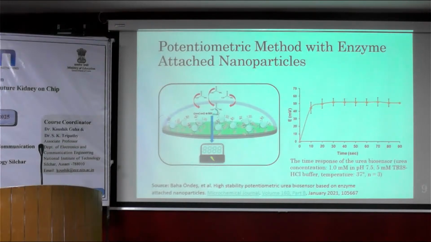So the idea behind the biosensor is that we amplify the hydrolysis of urea in the presence of the enzyme that we immobilize on the surface of some sponge or some substrate that has the nanoparticles with the enzymes attached to it. So we acquire the ammonia ion, which is a charged ion, and this ion, in turn, will change the potential of the electrode.